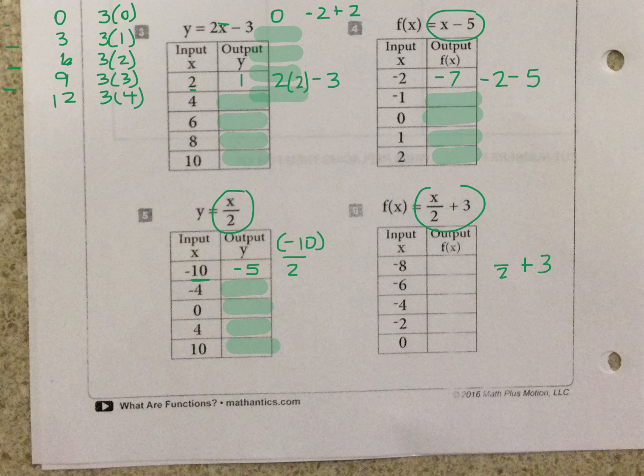And this first one, I'm going to use a negative 8. Negative 8 divided by 2 is negative 4 plus 3 is 7. All right, flip over to the next page when you are done with all the green highlighted parts.